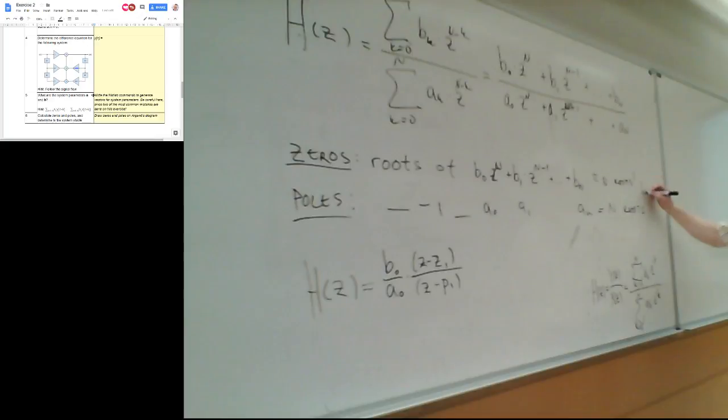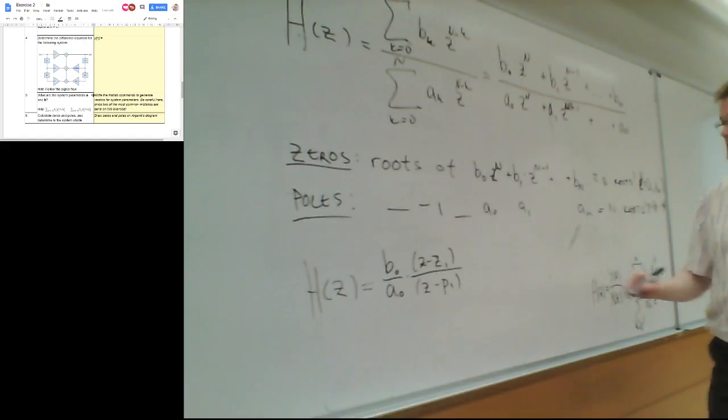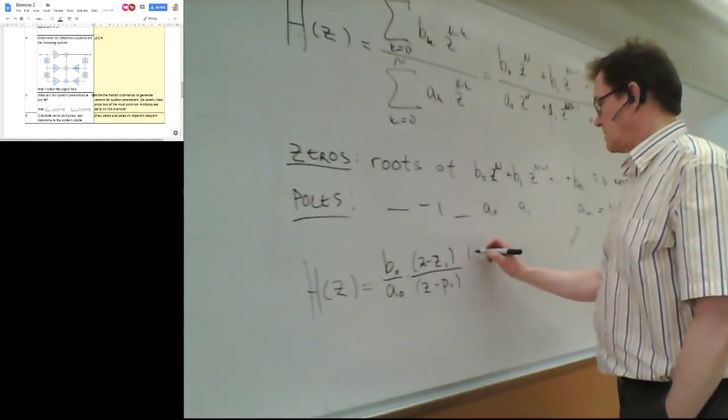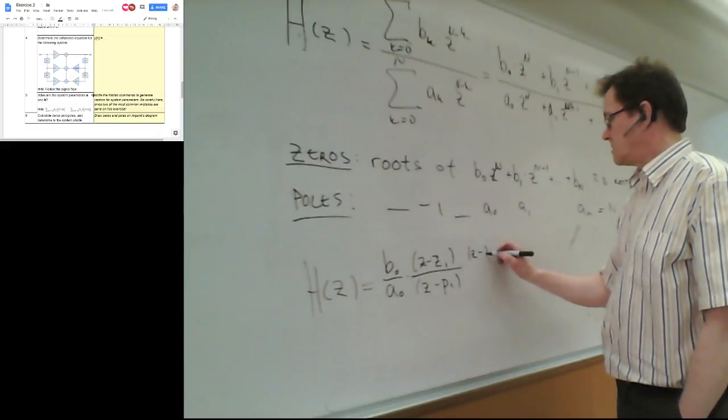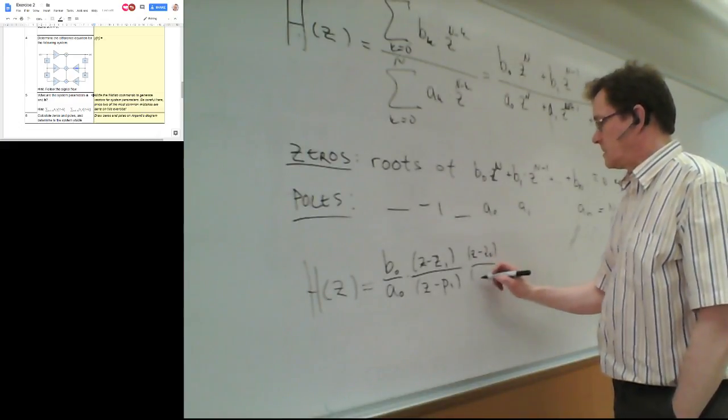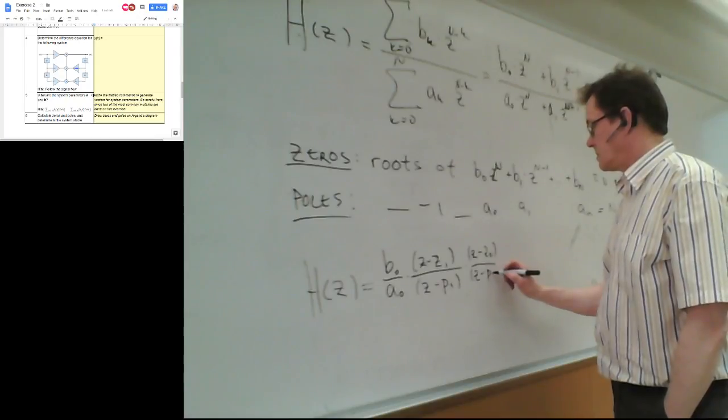So the zero vector is z1, z2, and so on, and here we have the poles p equals p1 to pn.